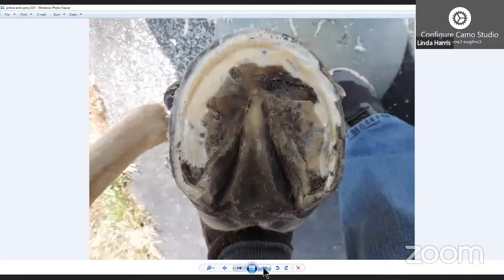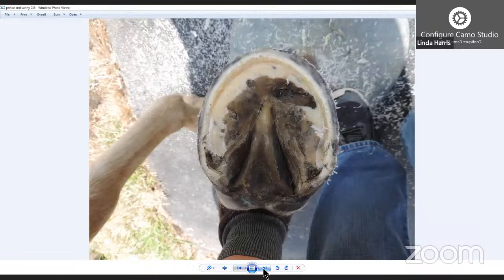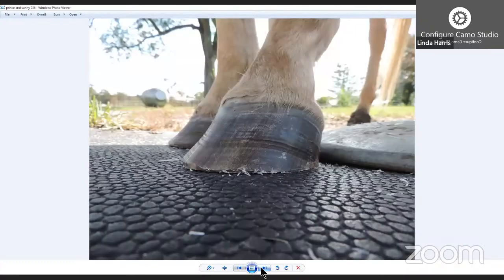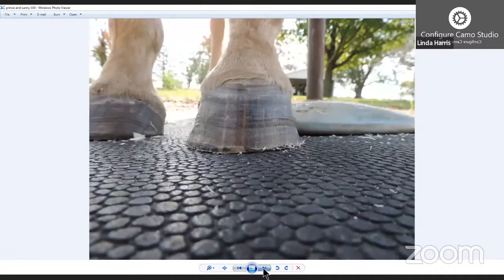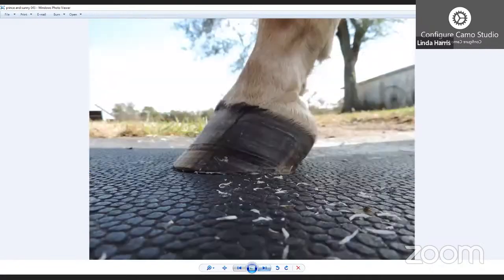So I just started cleaning up the foot there. And you're unsure what to do necessarily, you know. He had a good tight white line, so that was good. You can see the ring.